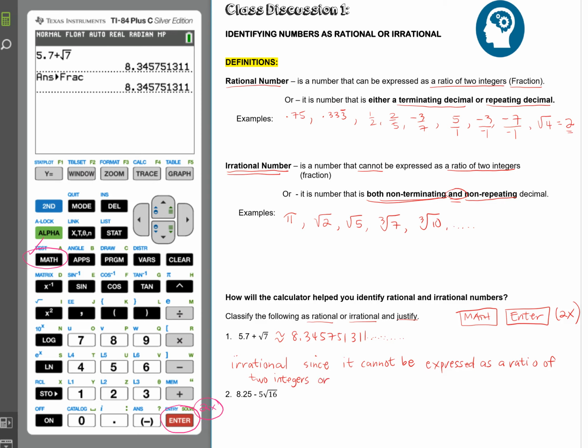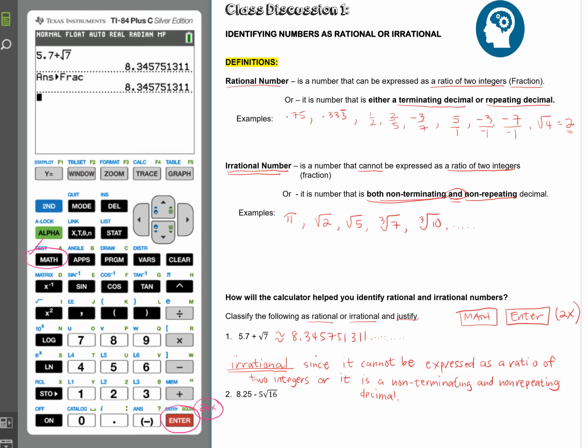Or another way of saying this is that it gives us a non-terminating and non-repeating decimal. So that would be the justification. You just use the definition to justify your answer.